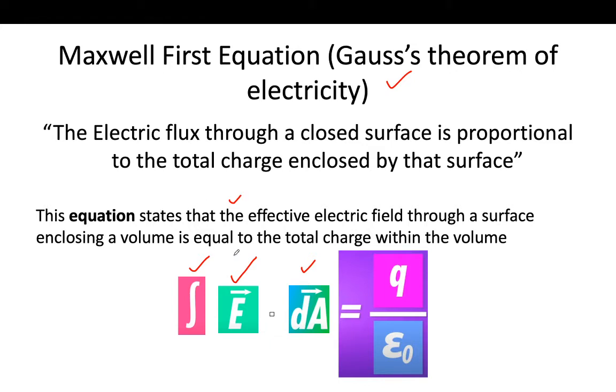So E is electric field, dA is the area of the surface, that is equal to charge, you can say enclosed charge, over permittivity of free space.